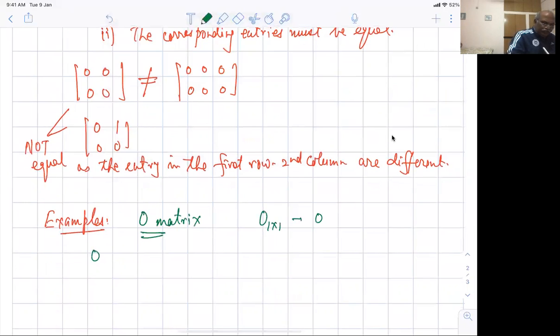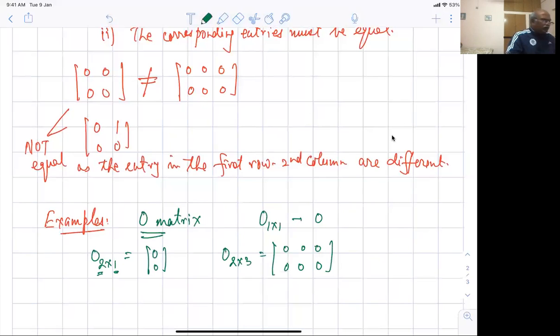If I write 0 as 2 cross 1, there are supposed to be 2 rows here, so it will be 0 and 0, and there's only one column. If I'm writing 0 of 2 cross 3, it means 2 rows and 3 columns, so 3 columns like this and so on. Fine. So you have to be careful to understand it, nothing else. I'll do a lot of mistakes, so be careful.